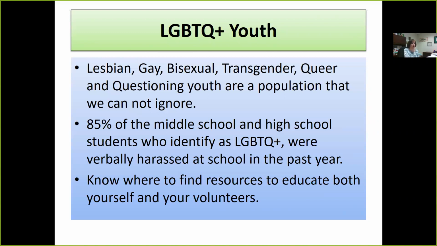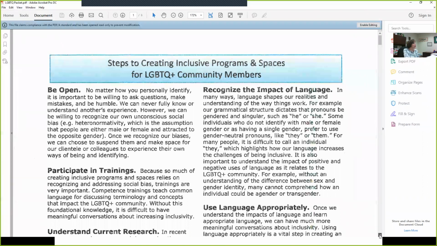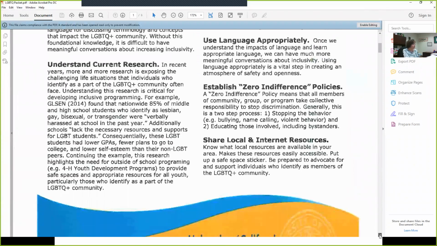California has done probably one of the best jobs around LGBTQ plus communities. This is a packet, as they call it, that really has some good information. I'm still trying to find a copy of what the West put together, but I just can't find it right now. This one gives some really good information.